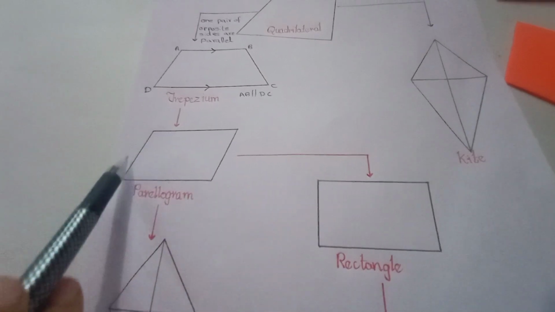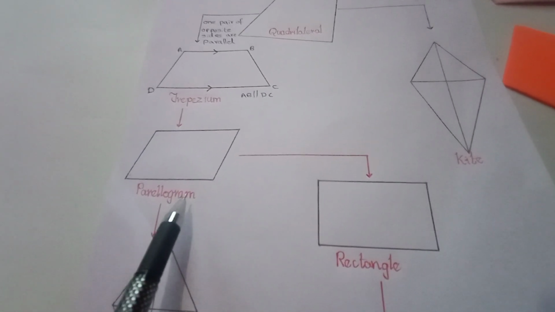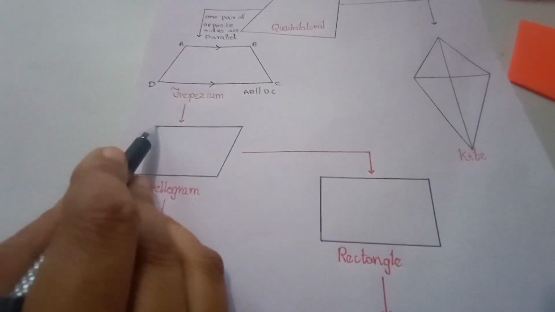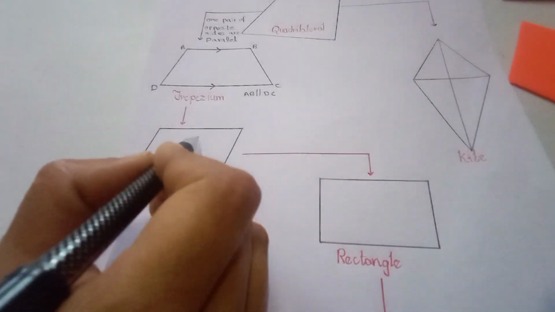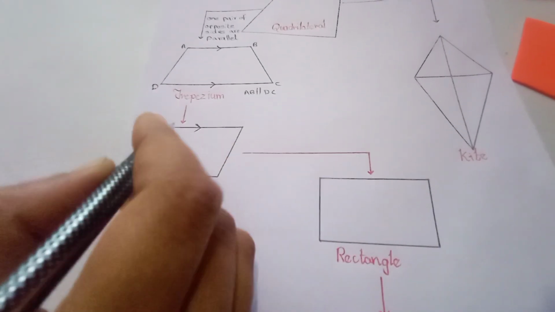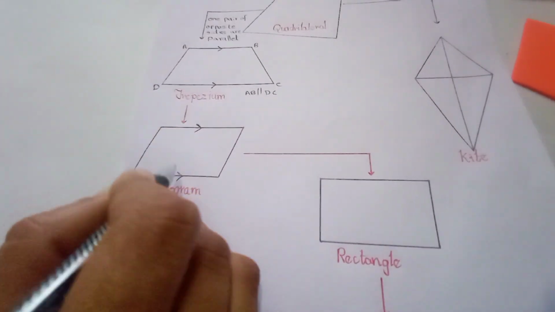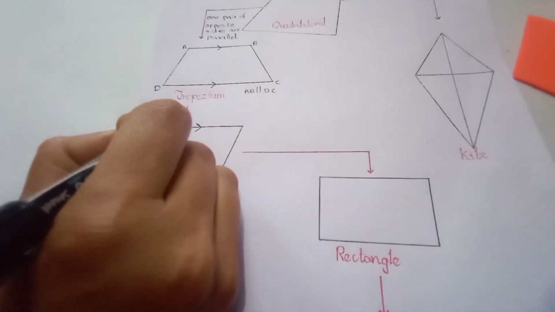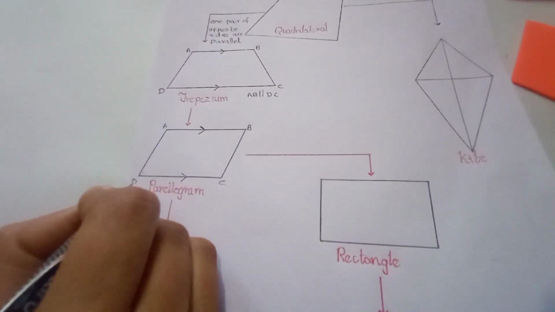Then this type of quadrilateral is called a parallelogram. This side will be parallel to this side. We use arrows like this for parallel sides. Name it A, B, C and D.